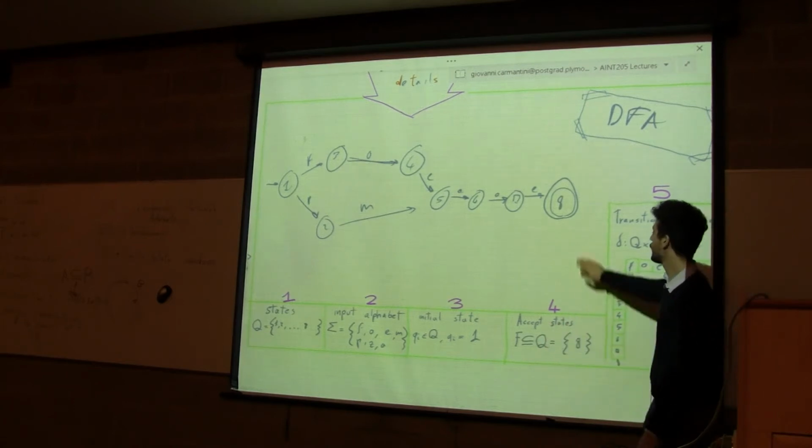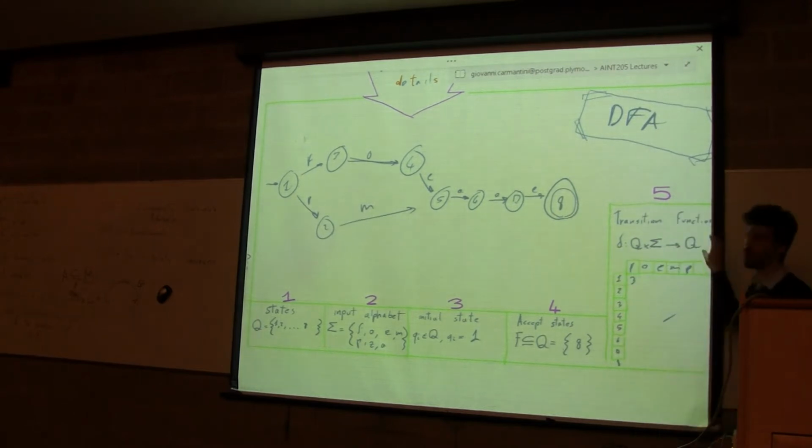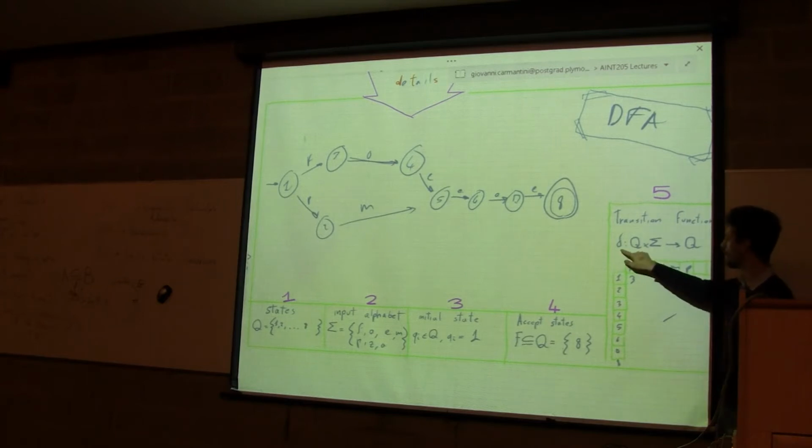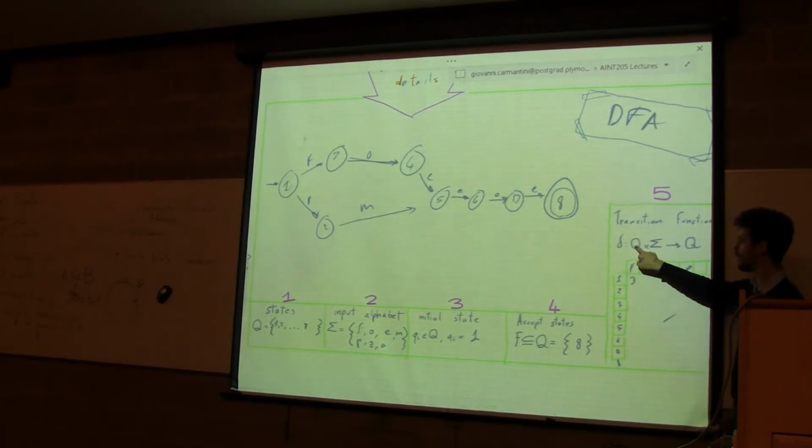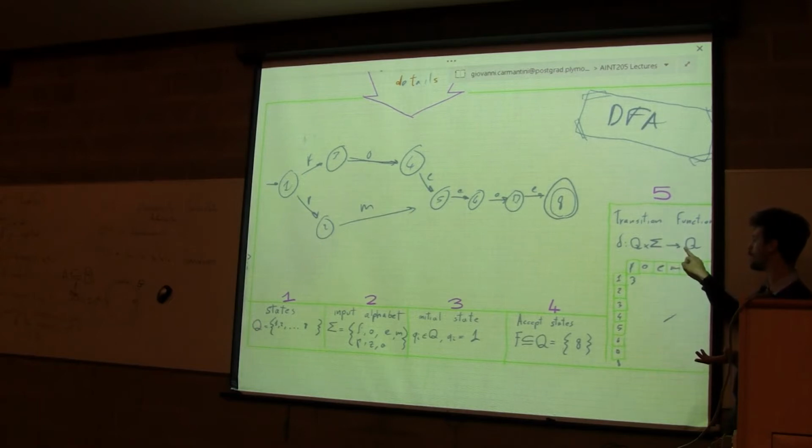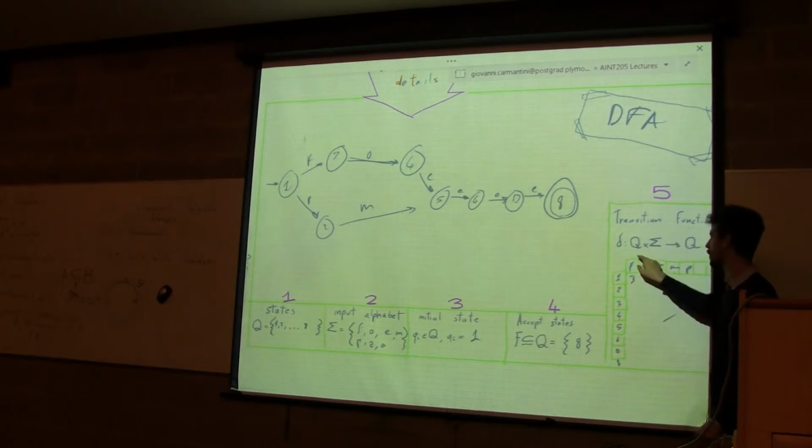And then you have a transition function. This one I didn't really explain to you last time. These symbols here mean delta is the transition function, and delta maps elements of Q paired with elements of the alphabet and gives in return another state in Q. What does it mean?